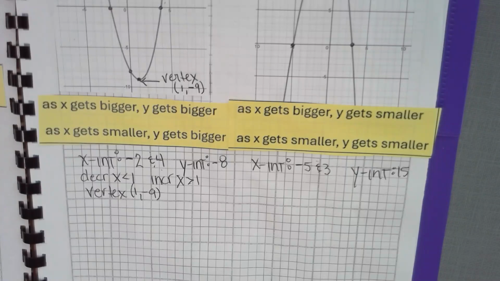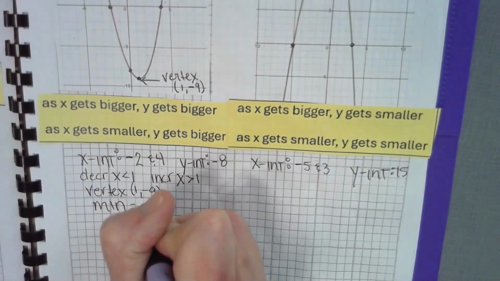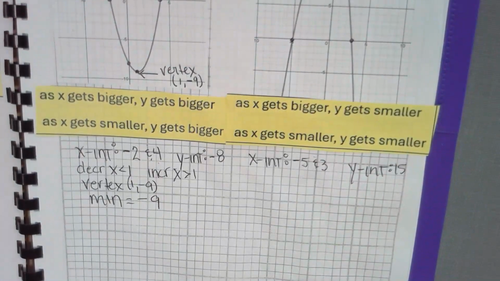Minimum is the lowest point, right? The lowest point is -9. That was on your sheet. Minimum is -9. Do you notice how the minimum is the y part of that? Do y'all see that? And your increasing, decreasing is pulling the x part of that.